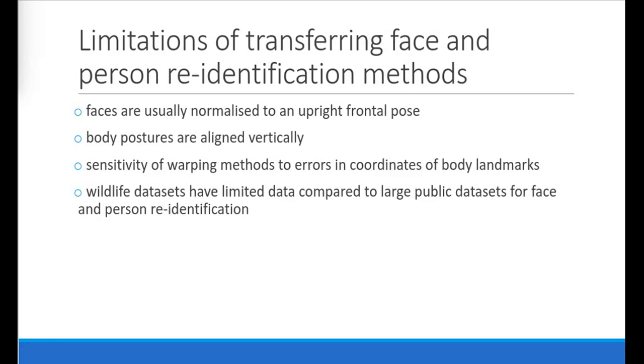Warping to a canonical position or alignment is not always possible for animals due to sensitivity of these methods to errors in coordinates of body landmarks. And finally, wildlife datasets have limited data compared to large public datasets for face and person re-identification. So there is less chance to learn the relation between the body landmarks and unit markings from the data itself.